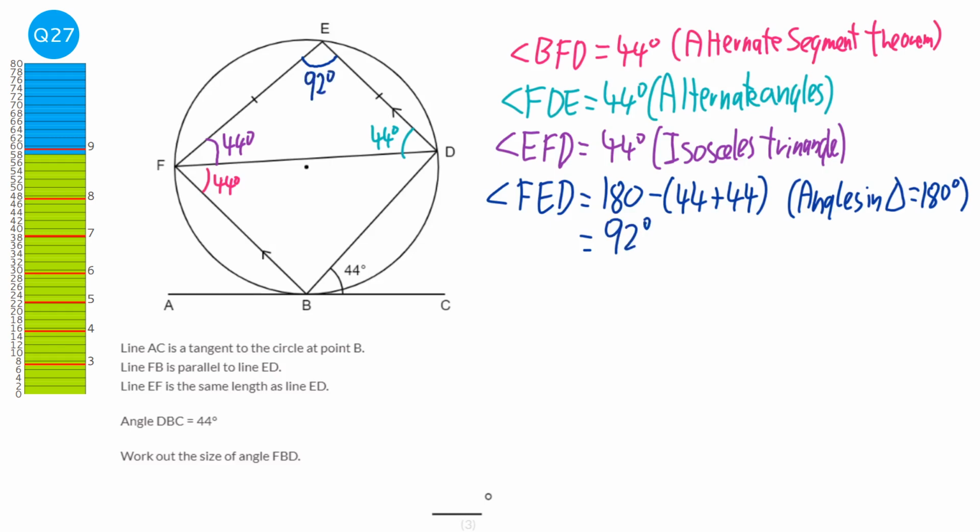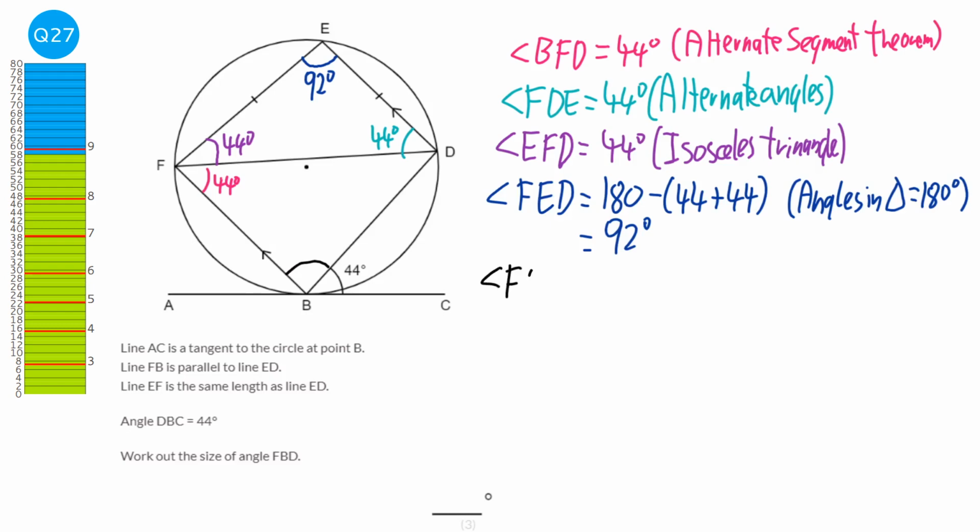And finally, it took us a while to get there, but finally we can work out what this angle is, because all four corners of this quadrilateral here are touching the circle, so it's a cyclic quadrilateral. And so angle, what's it called in the question?